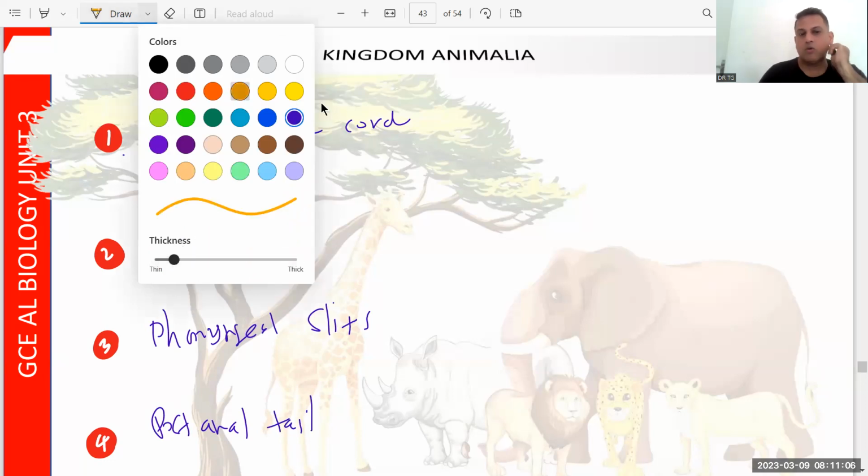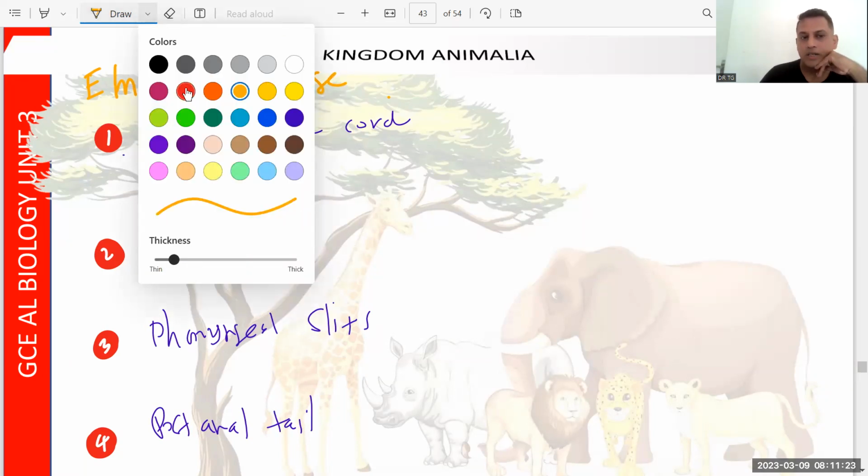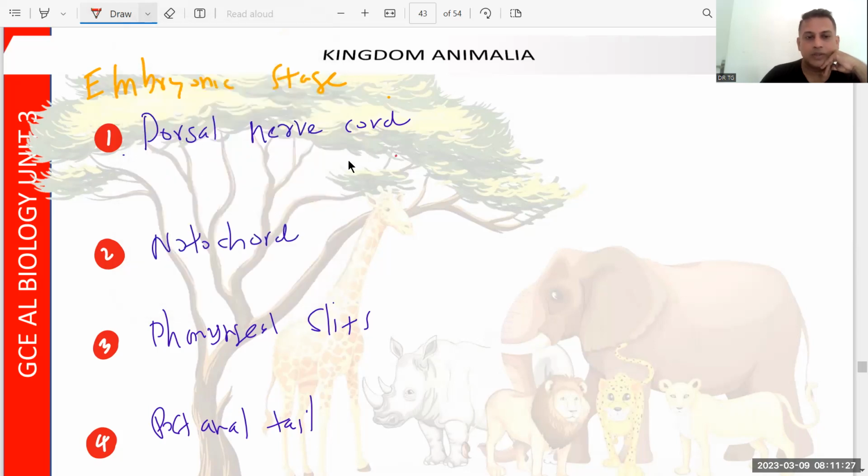Let's see what happened to these structures after development of the organism. So this we find during the embryonic development. Dorsal nerve cord develops into brain and spinal cord. Brain and spinal cord.